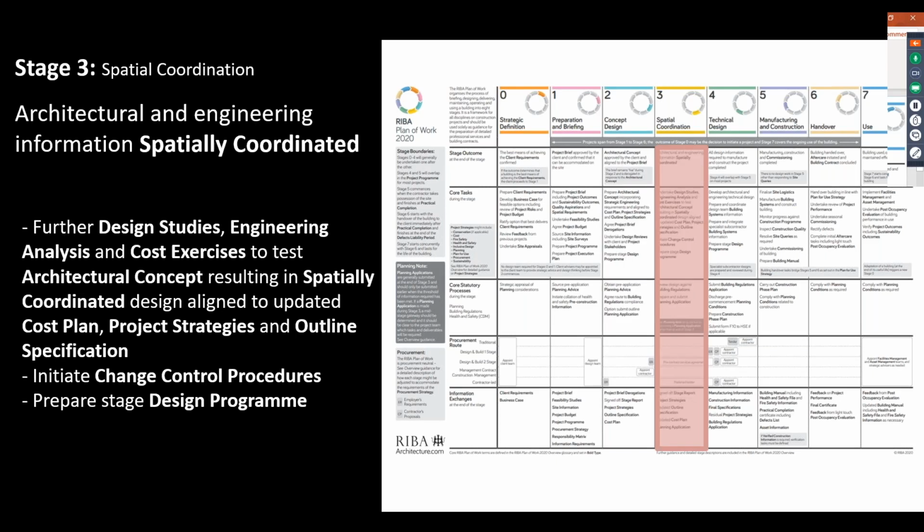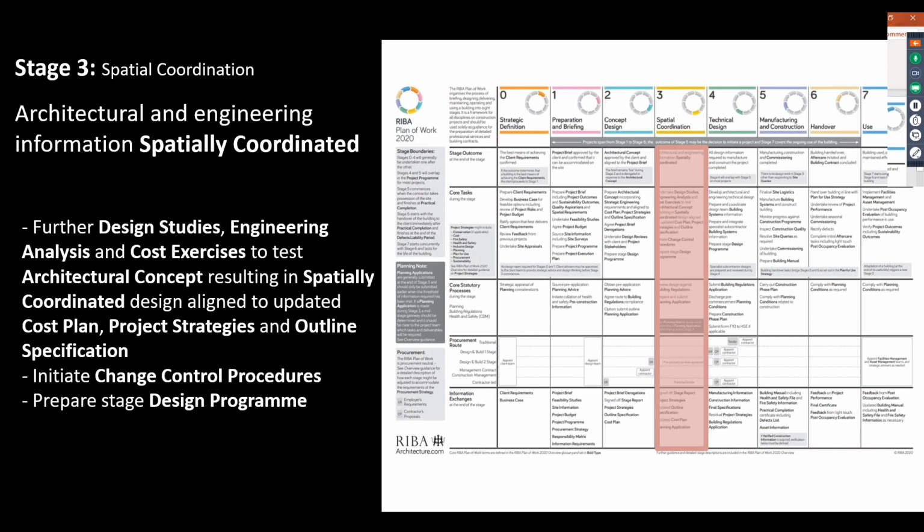Moving to stage 3. Stage 3 is called spatial coordination. And what we mean by spatially coordinated is that by the end of stage 3, there should be a single model produced by the design team that is coordinated and is really not prone to change as it moves into stage 4.